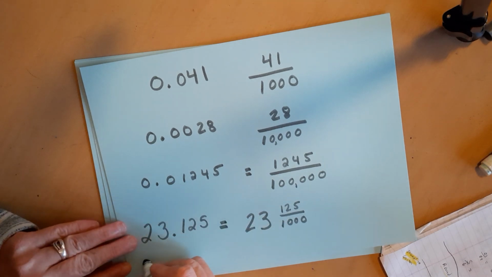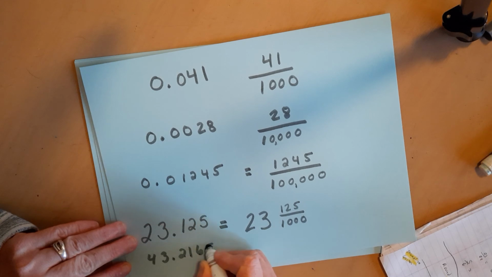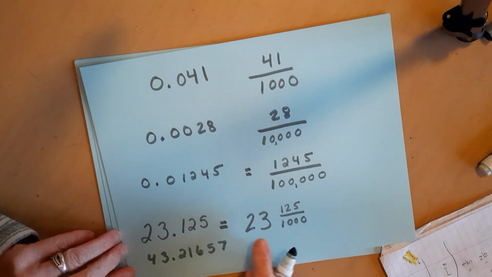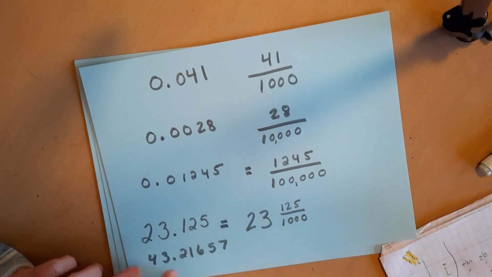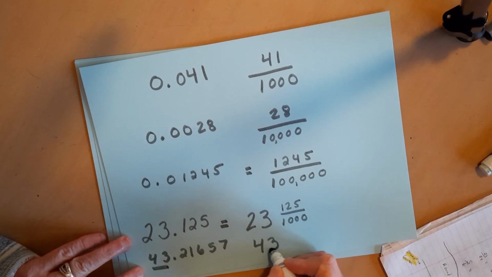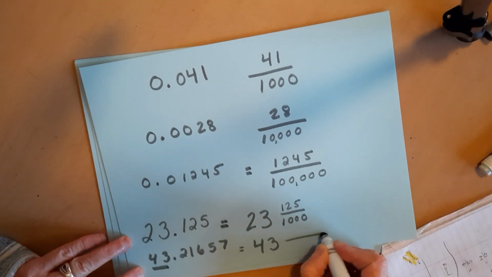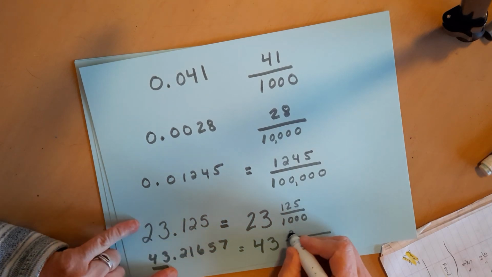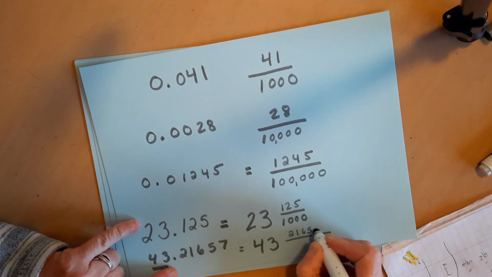The last one that we'll do is one that looks a little bit longer. This one was in your book. This is 43.21657. Changing that into a fraction, you keep this whole number part right here, and you say that it equals 43. Now we need to see what the fraction would be. Just take these 5 numbers, 21,657.